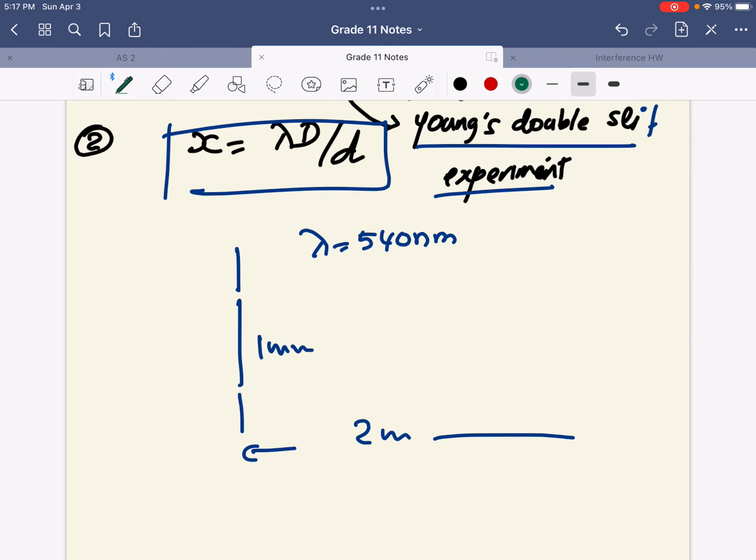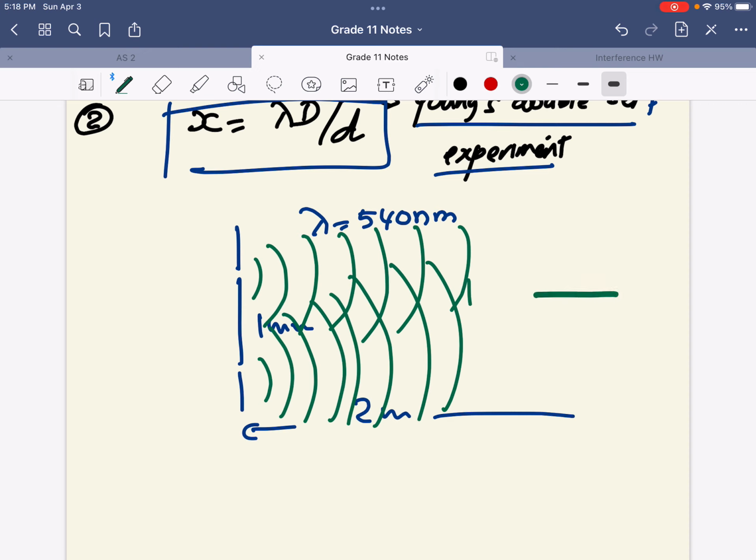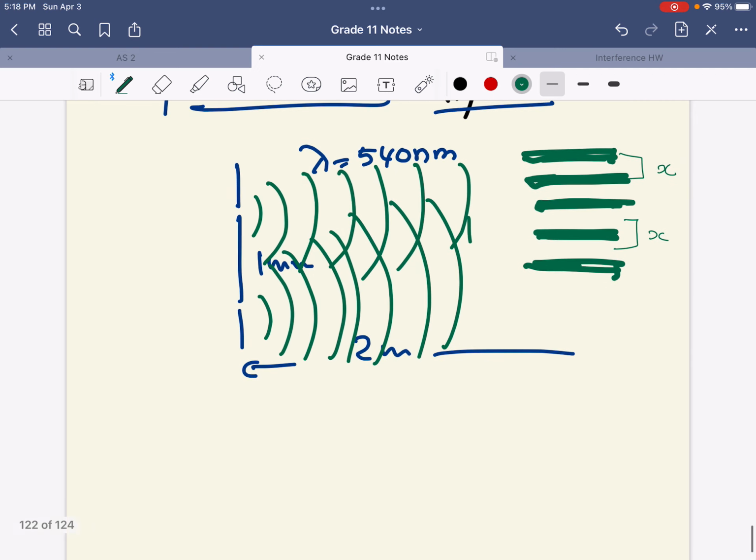Two waves go from here, the wavelengths are the same, and they interfere and make bright and dark and bright. In between you can see dark. I ask how much is x, either from dark to dark or bright to bright. So how to do this question: x equals lambda D over d.